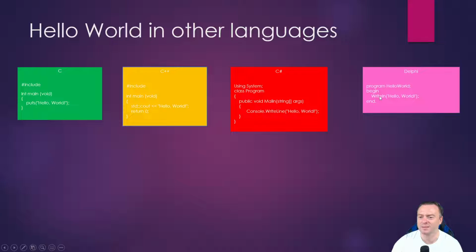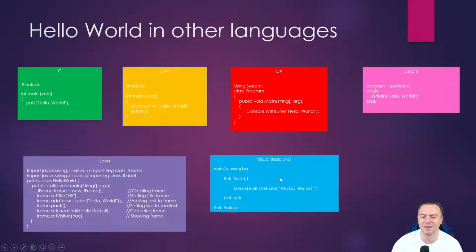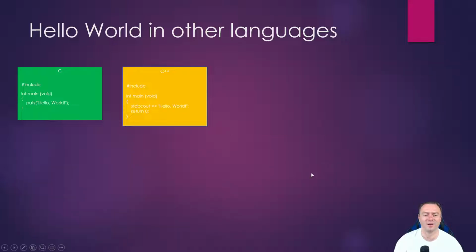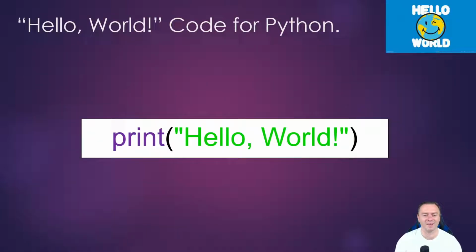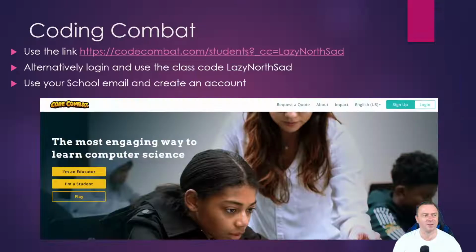Delphi would do it like this, WriteLn hello world. Java does it even harder, so if we want to make an actual interaction way of doing it, this is the way it could work. Visual Basic.NET looks like that, and Pascal looks like that. The point of this is our happy one-liner is quite easy as a programming language to pick up and use. So you can start coding super simple.